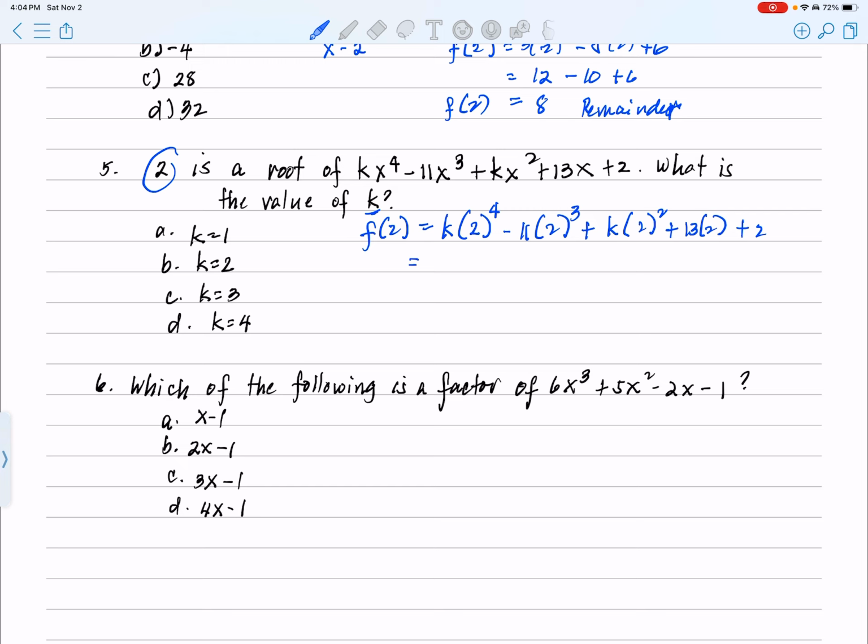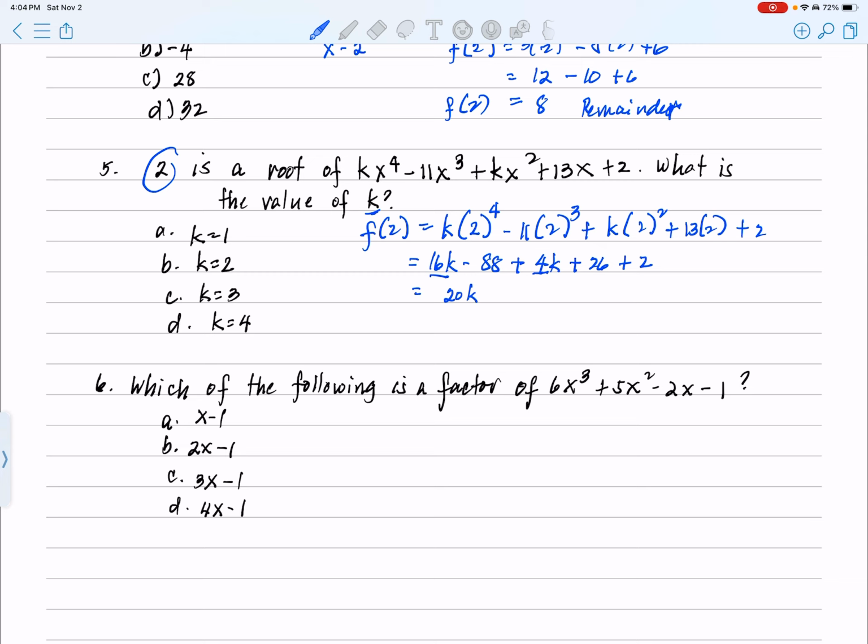Okay, 2 to the 4th is 2 times 2, 4 times 2, 8 times 2, 16k. 2 cubed is 8 times 11, that's 88. And 2 squared is 4, that's 4k. 13 times 2 is 26, plus 2. Let's simplify. 16k plus 4k is 20k.